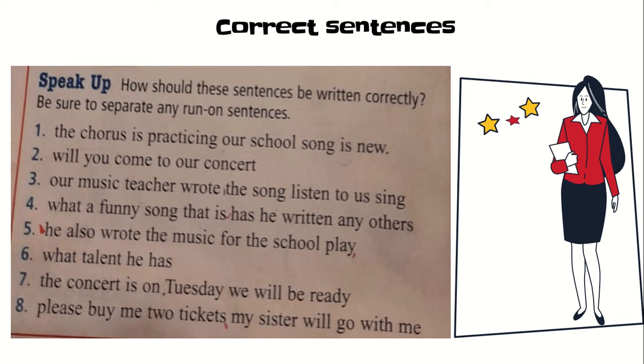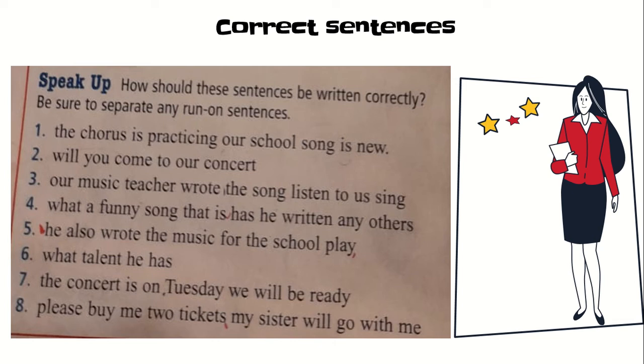Remember, it begins with a capital letter and it will end with a period, a question mark, or an exclamation point. The chorus is practicing or school song is new. We have two ideas. The chorus is practicing, period. Our school song is new. So you need capital letters and end marks.